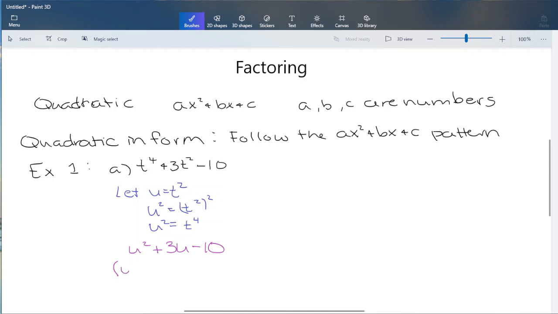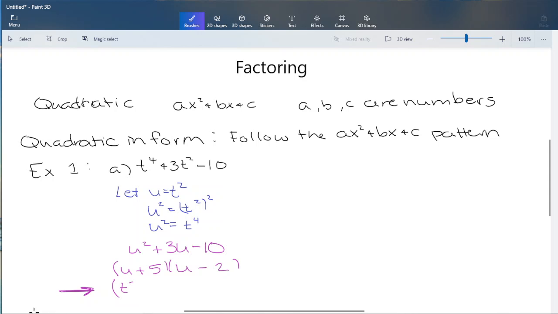This is going to allow us to just factor this like normal by asking what multiplies to -10 and adds to 3. So that should be +5 and -2, okay? Now here's something that you absolutely can't forget, and this is such an easy thing to forget when you're doing these types of problems. You want to go back to the original variable. Okay, so our original variable was t squared.